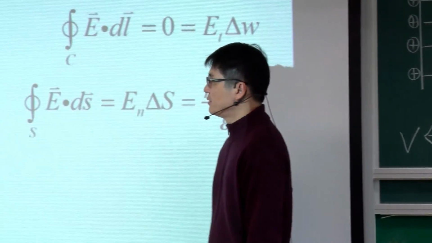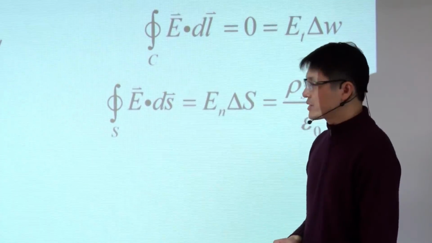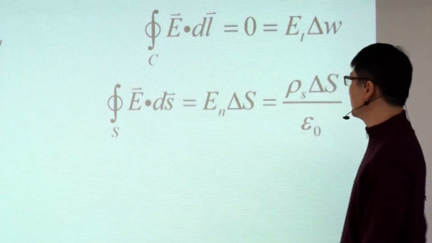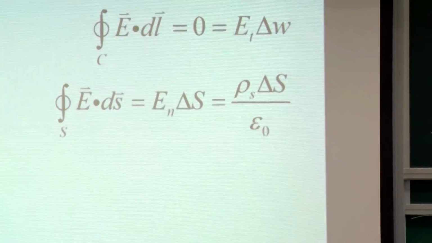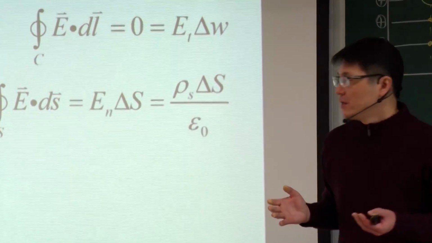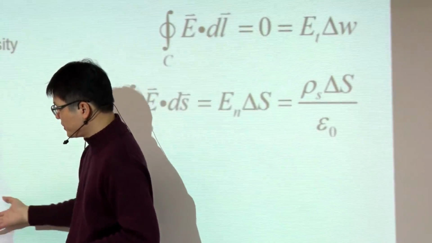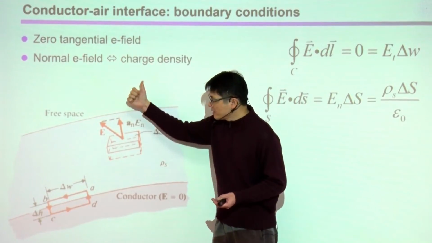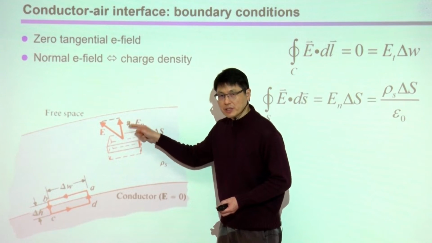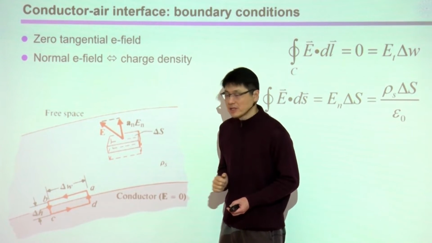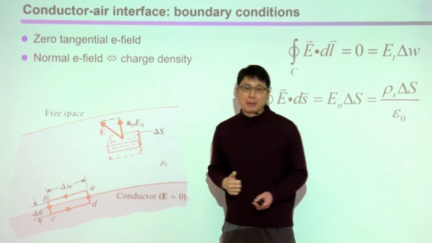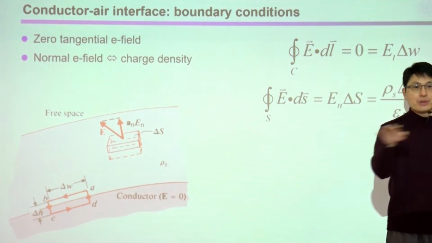On the other hand, Gauss's law tells us divergence of E is equal to rho divided by epsilon 0. So eventually, yes. If you have a piece of conductor and you have air, forming an interface, at the interface you can have charges deposited along the surface, and you can have all the field lines emitted perpendicular to the interface.